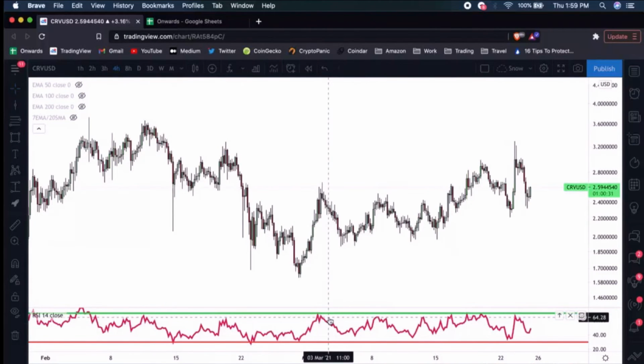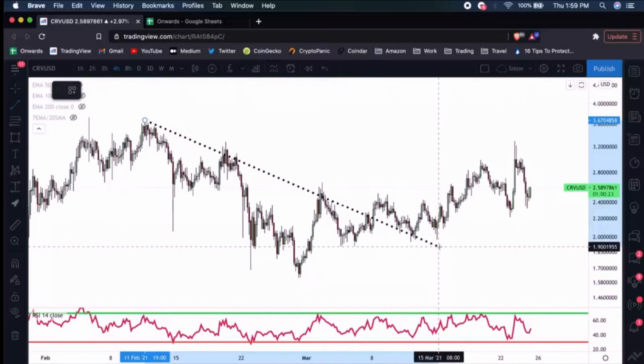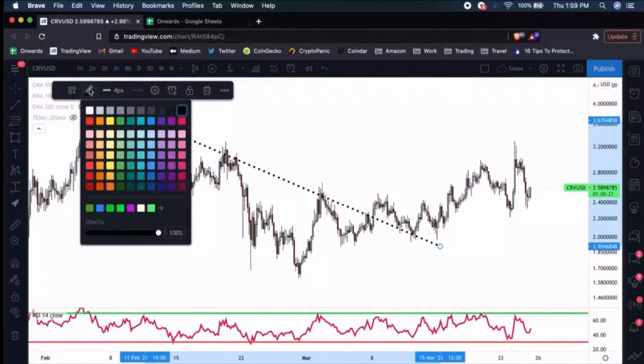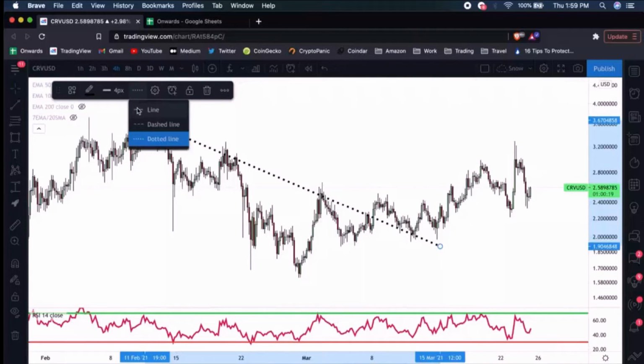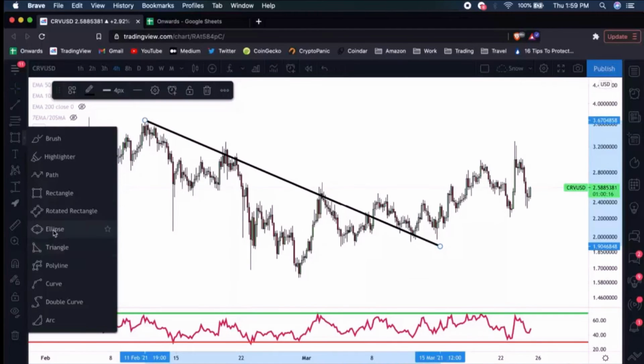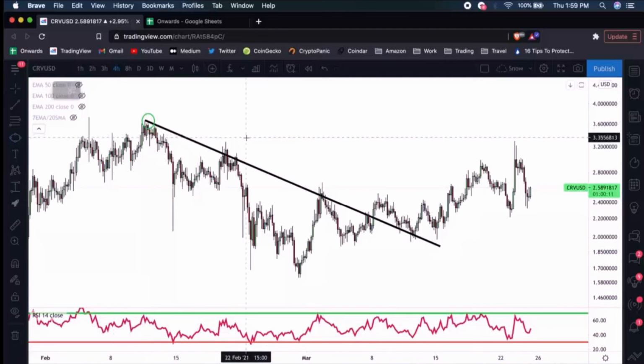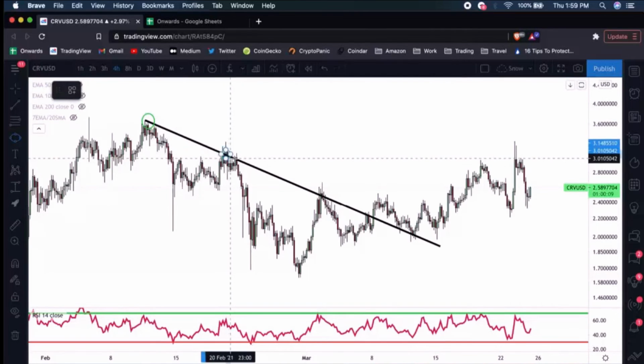So let's chart up, let's TA this real quick. We're going to draw a trend line here, right? You can see we have one touch, two touches.